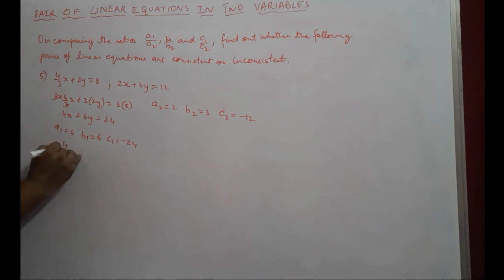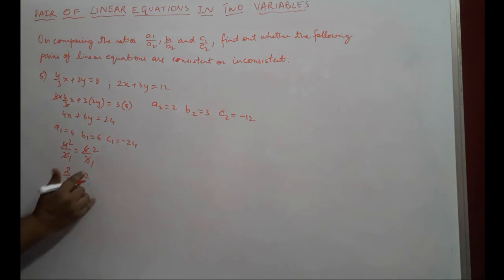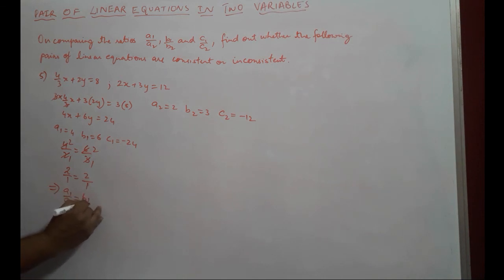So A1 is 4, A2 is 2, then B1 is 6 and B2 is 3. Okay, so 2 ones are 2, 2 twos are 4, 3 ones are 3, 3 twos are 6. So that means we have 2 upon 1 equal to 2 upon 1. Okay, so this implies that A1 upon A2 is equal to B1 upon B2.